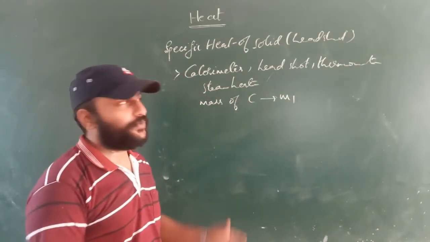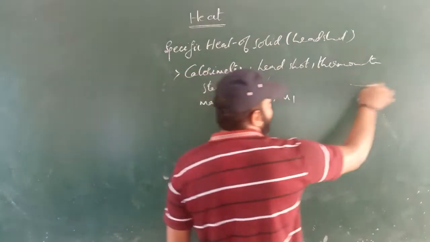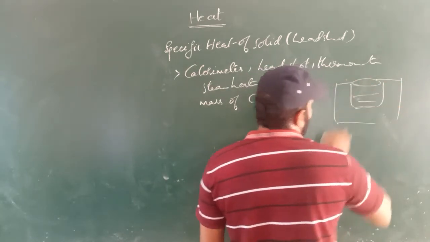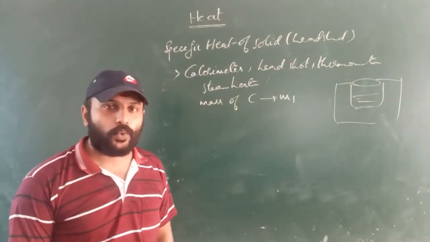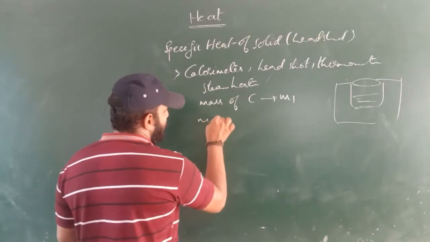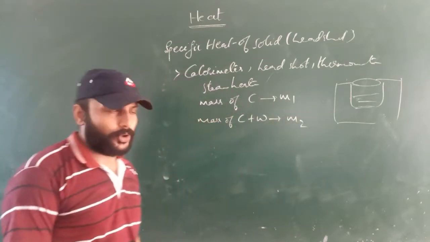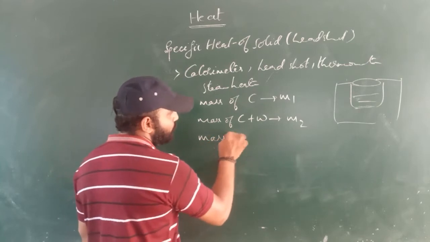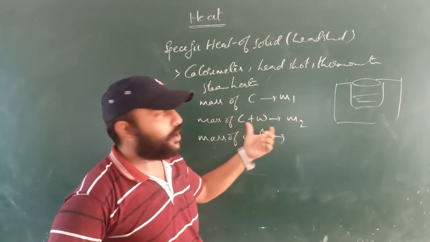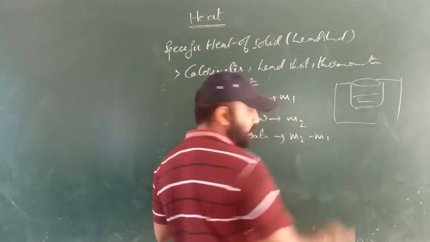Now we will fill 1/3 of the calorimeter with water. Again we measure the mass of the calorimeter with water. Let the mass of calorimeter with water be m2. Now what will be the mass of water? Mass of calorimeter is m1, mass of calorimeter with water is m2, so the mass of water is m2 minus m1.